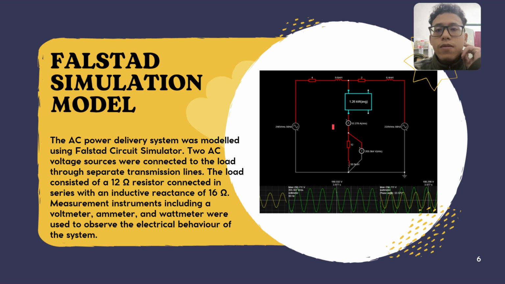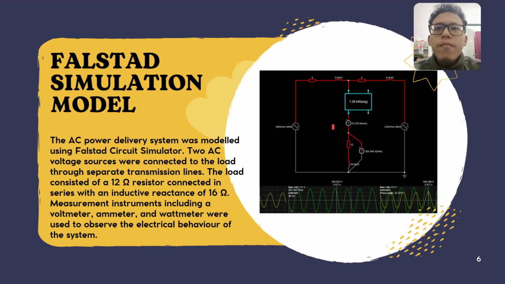The load is clearly constructed using a 12 ohm resistor in series with an inductive reactance of 16 ohm. To observe the steady-state electrical behavior, we integrate measurement tools into the circuit, specifically a voltmeter, an ammeter and a wattmeter.